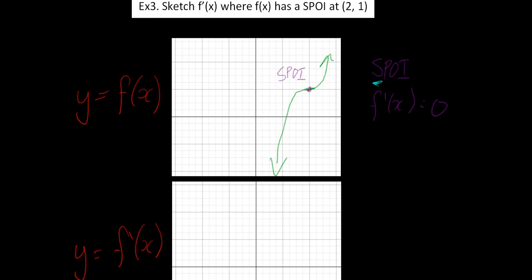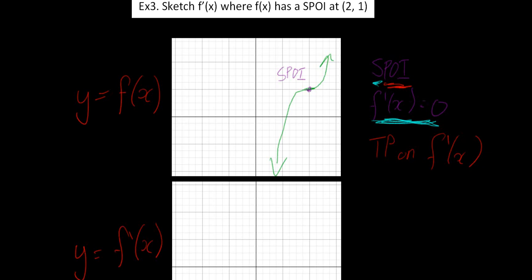So this stationary part refers to this part over here, and the points of inflection part means what? It means that there's a turning point at this particular point as well. So this part over here means that there's a TP on f dash of x, also at this particular x-coordinate.